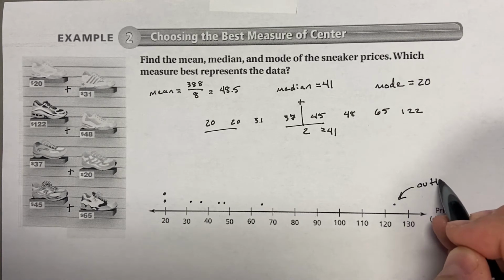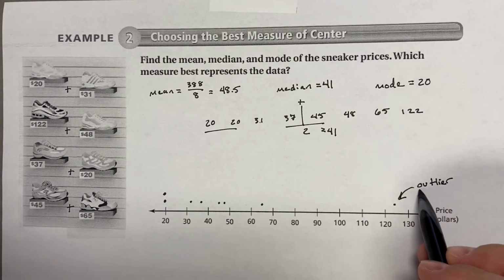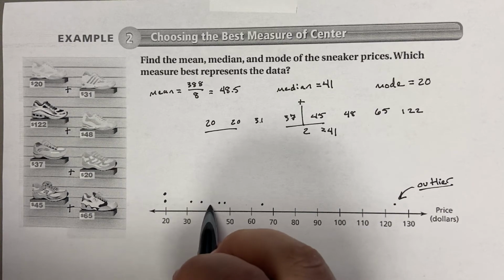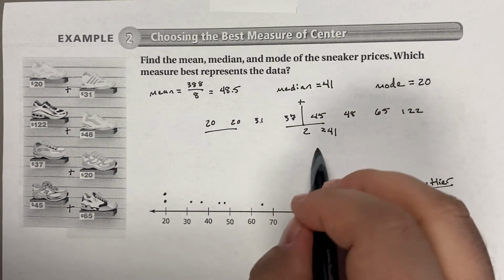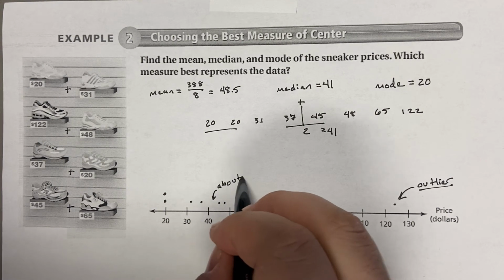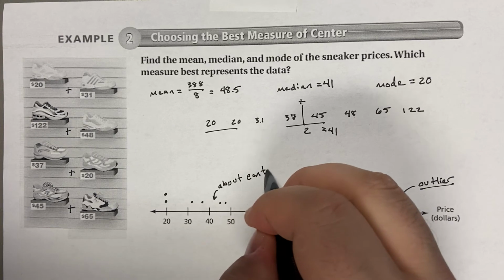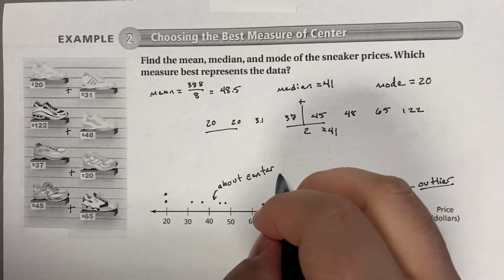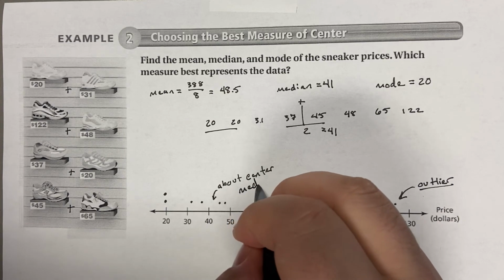When it comes to finding things, we don't worry about the outlier. So we're looking at the center of here, which would be right around here, which is about 41, which is our median. So since this is about center, it becomes our best measure, which is our median.